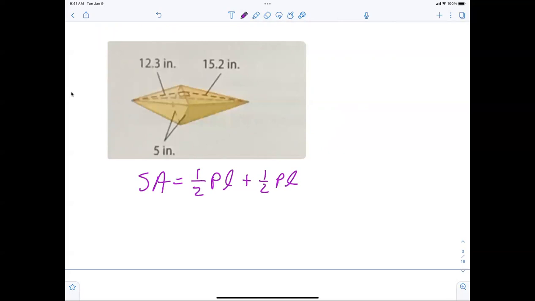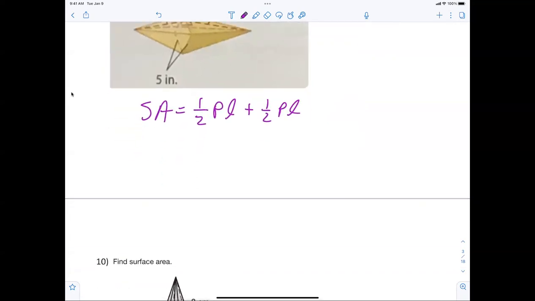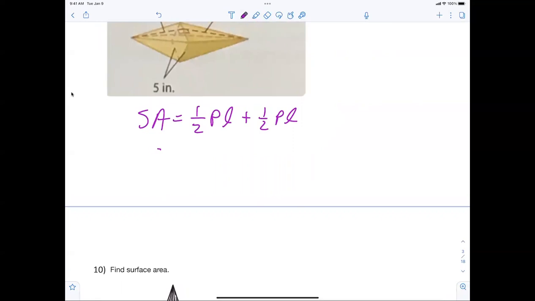Are the pyramids the same? No, they have different heights. Are the perimeters the same? Yes. Do we all agree? So if you want, this could be surface area is equal to, are the perimeters the same? Anybody see that?